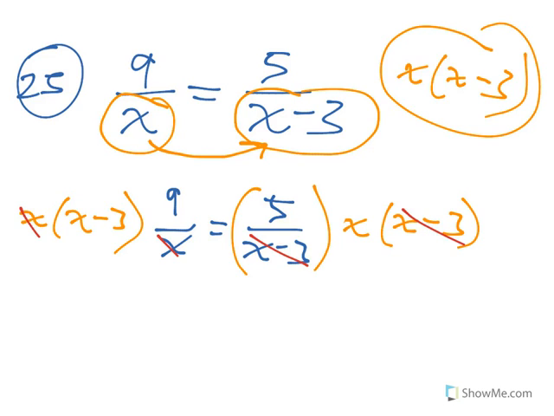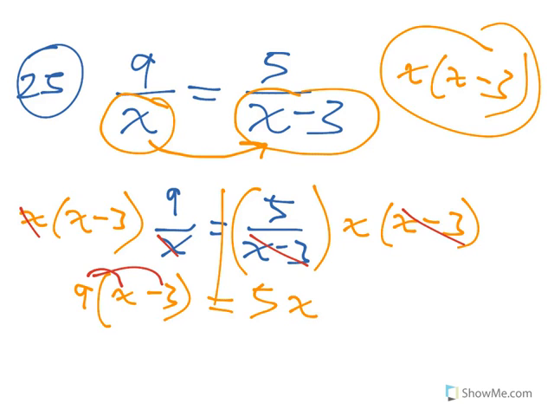The x minus 3 and the x minus 3 cross one another out. So all that leaves us with is 9 times x minus 3, which equals 5x. We can get rid of these parentheses, and that leaves us with 9x minus 27 equals 5x.